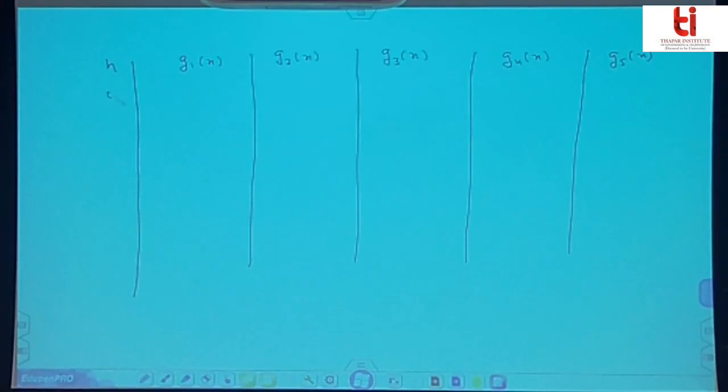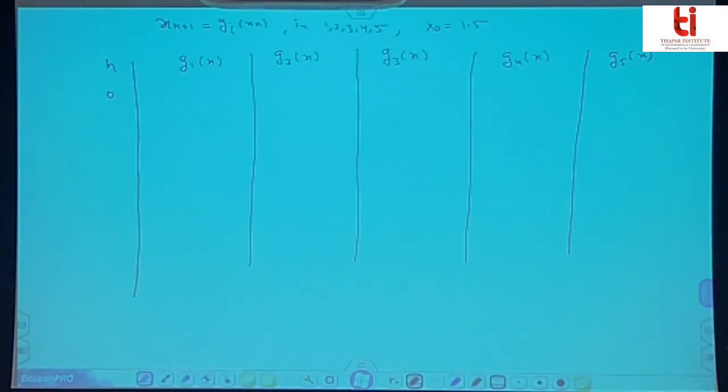So for n equal to 0, the equation we are taking is x_(n+1) equal to g_i(x_n). Here i equal to 1, 2, 3, 4, 5, representing different g: g1, g2, g3, g4, g5. And x_n is what? We are taking x0. As the interval is 1 to 2, that's why we are taking x0 as 1.5, the midpoint.